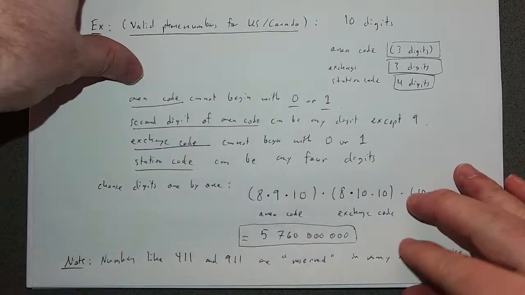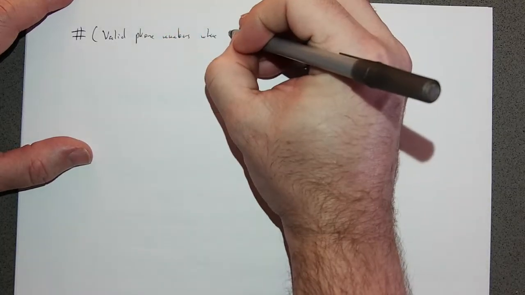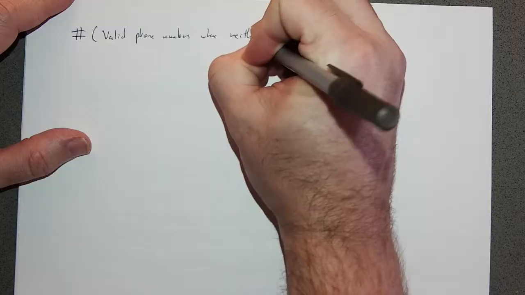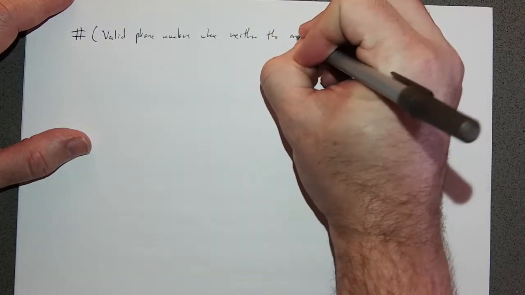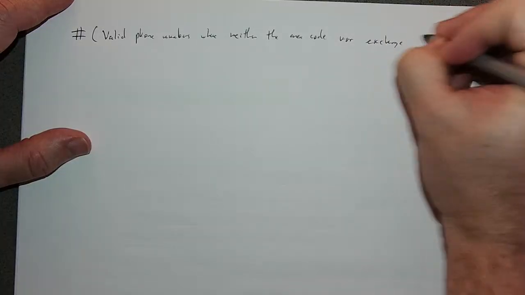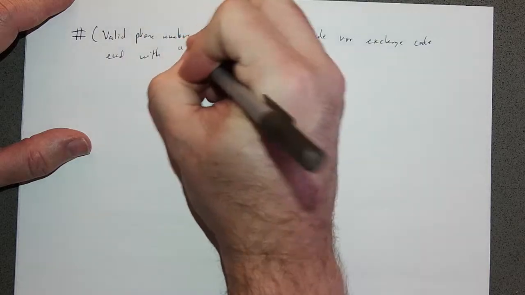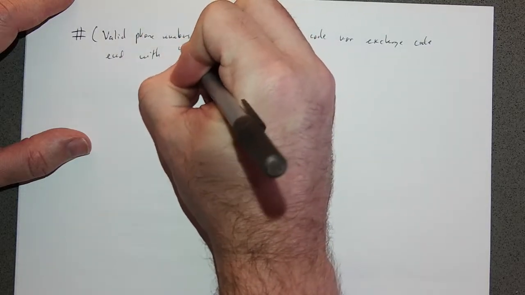So let's ask the question: what is the number of valid phone numbers where neither the area code nor exchange code end with 1 and then 1?